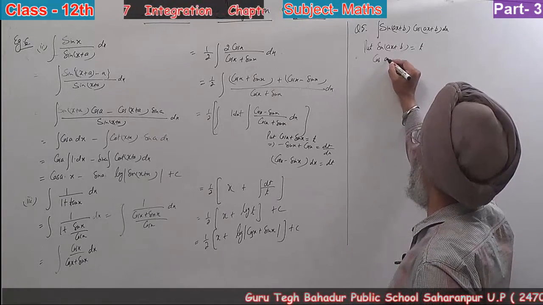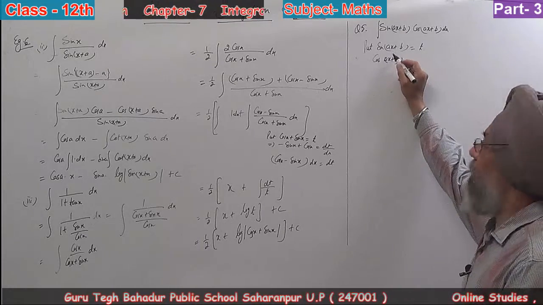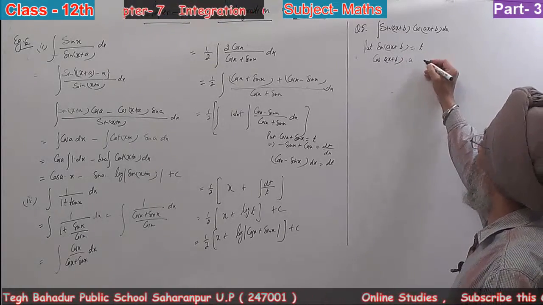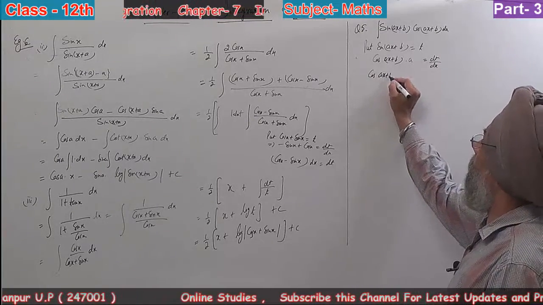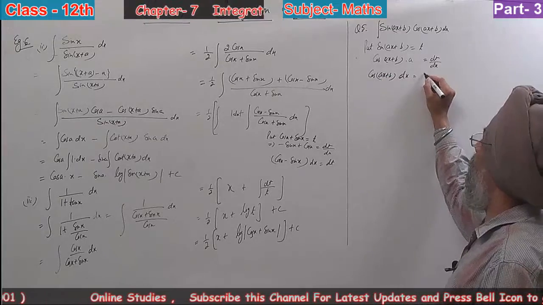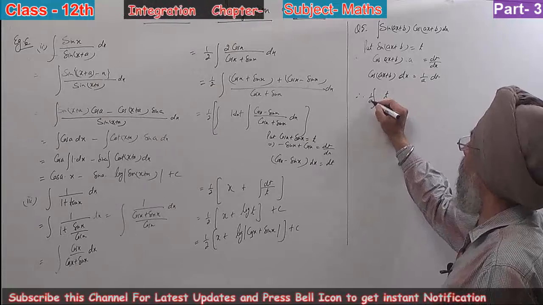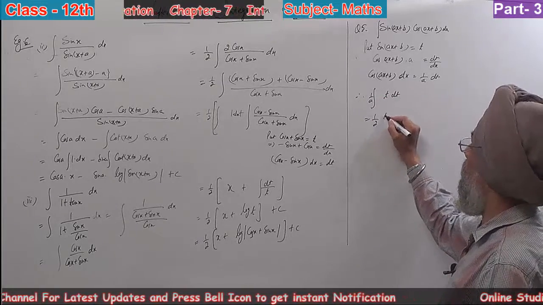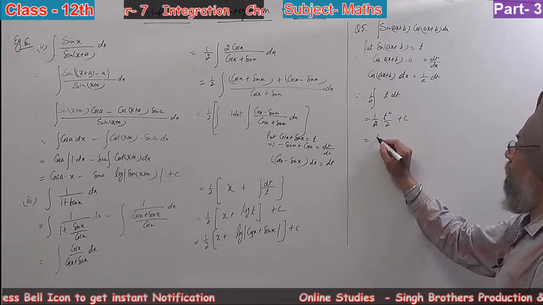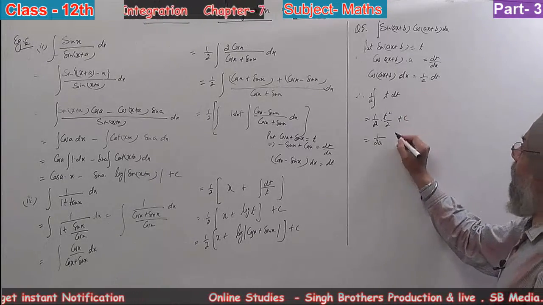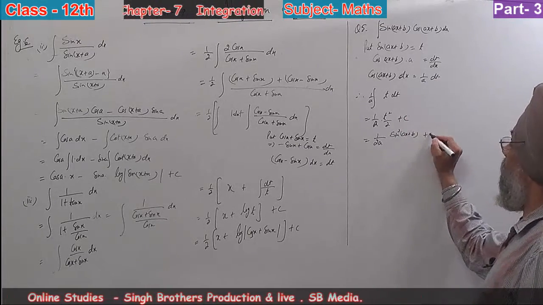So it is cos ax plus b. Now ax plus b on differentiating gives a into 1 plus 0, dt over dx, which can be written as cos ax plus b dx is equal to 1 upon a dt. Therefore the integration becomes t into 1 upon a dt. So 1 upon a t square upon 2 plus c. Resubstituting the value of t, that is sin ax plus b, it becomes the square of sin, plus c.